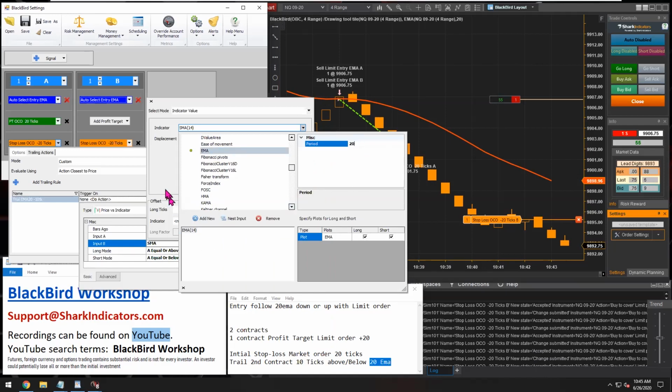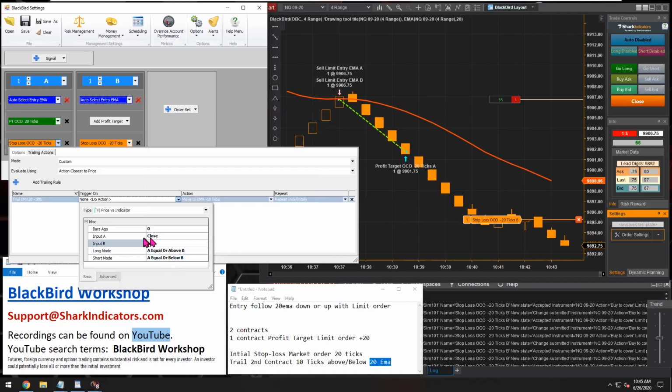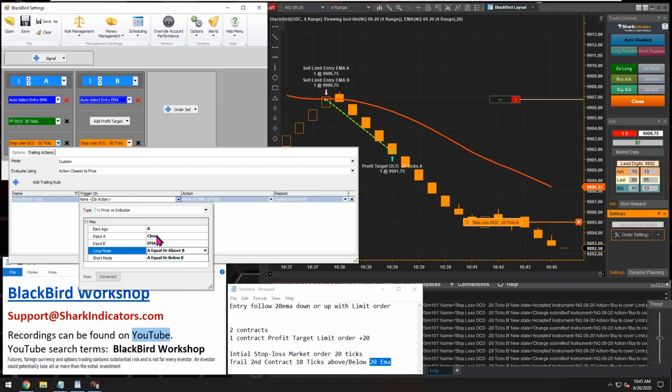All right, there's our EMA20. And so for a long trade, we probably want the close of the bar to be above the indicator. So you want A above B. In other words, the closing price above the EMA.